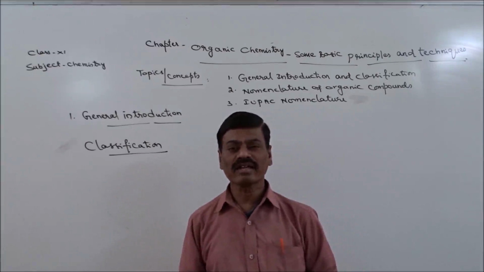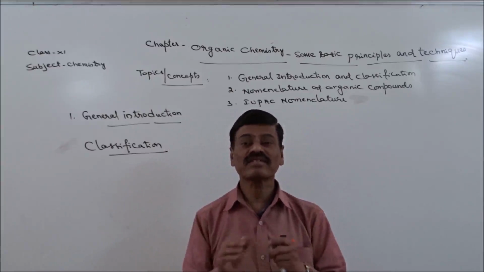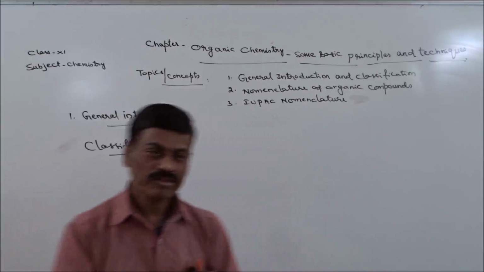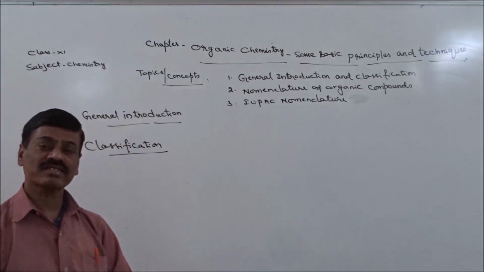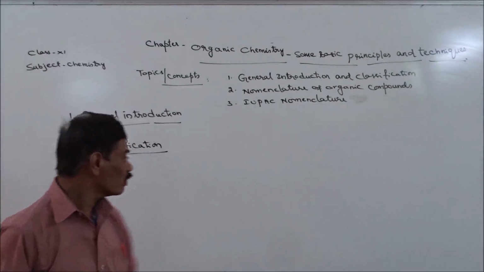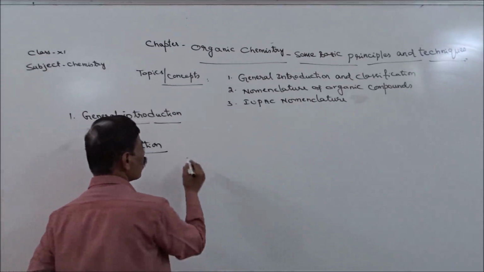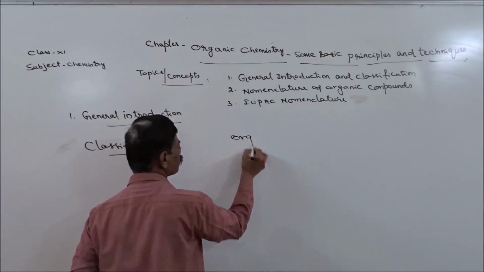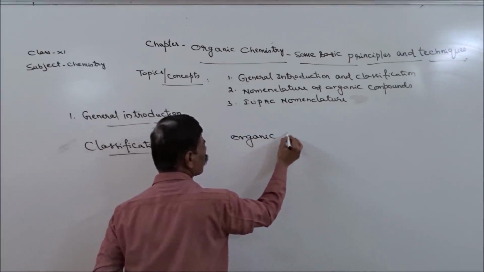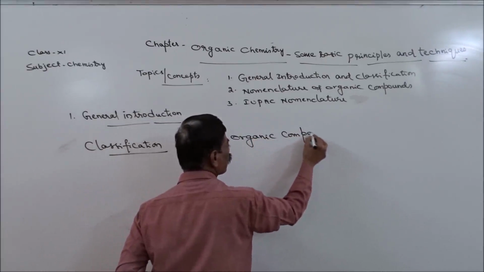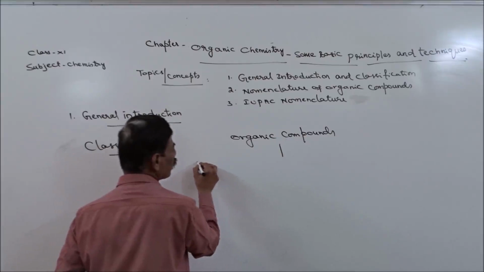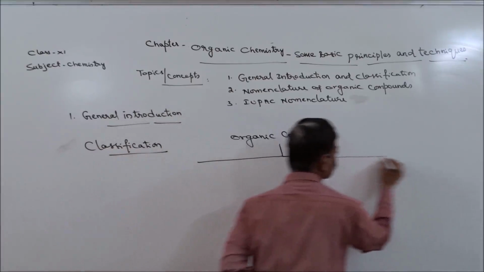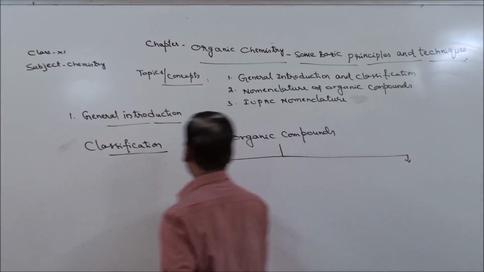Sometimes they look like closed structures, means ring structures. So based on this, whether they are closed structures or open structures, these organic compounds are mainly divided into two types.